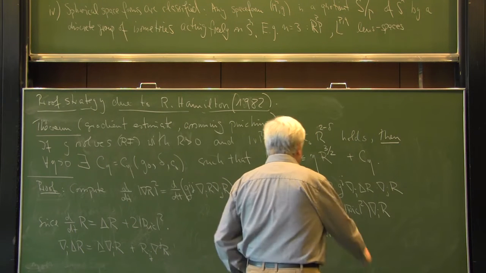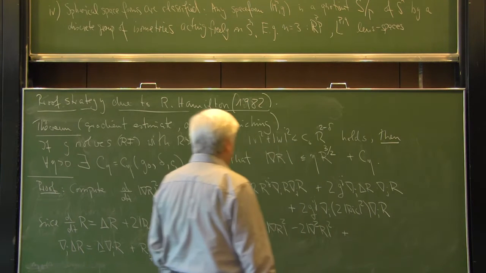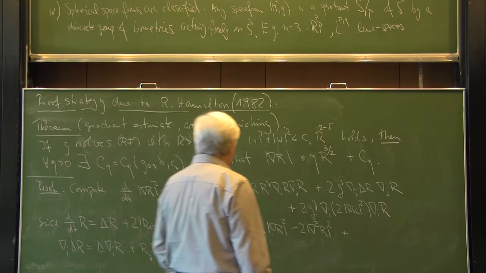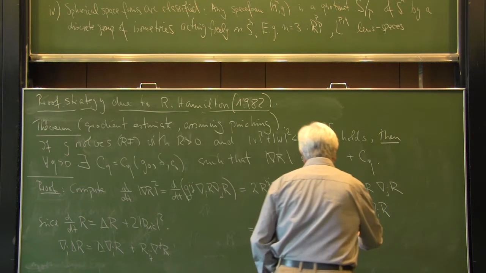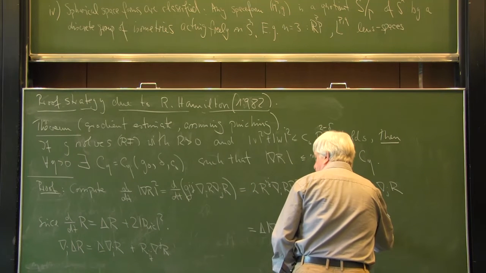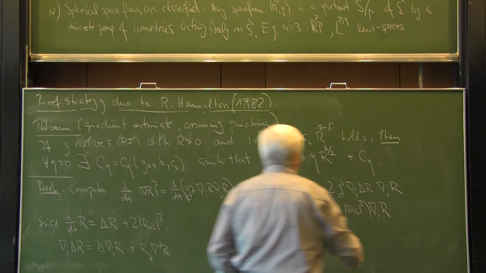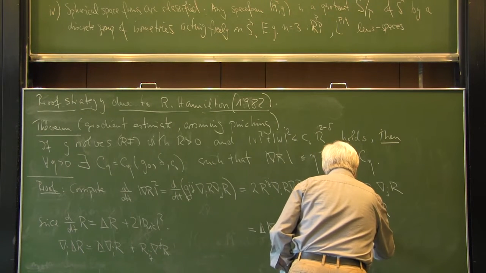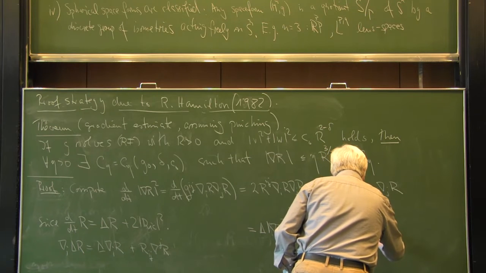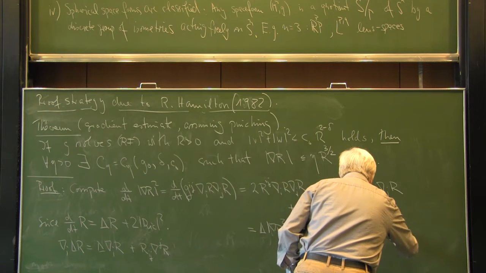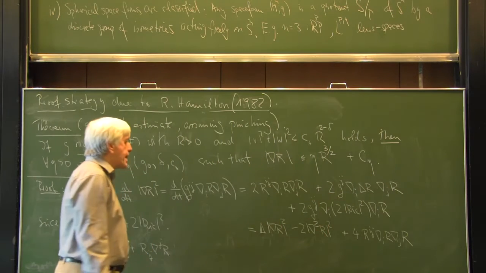So this term here is replaced with this, and then the error I made here is plus 4 times the Ricci curvature times the gradient i of R, gradient j of R, coming from here.